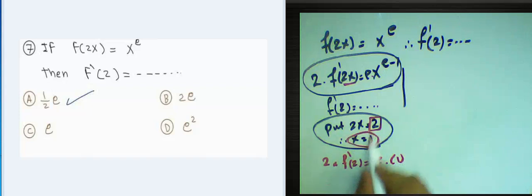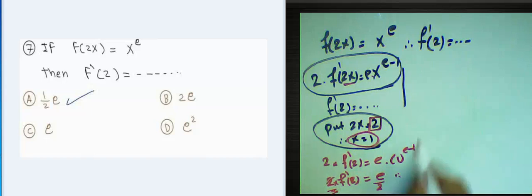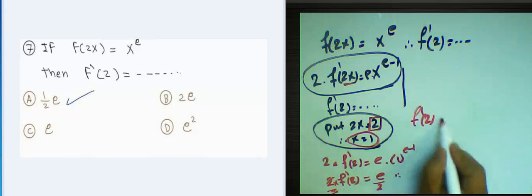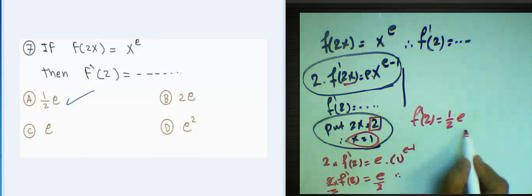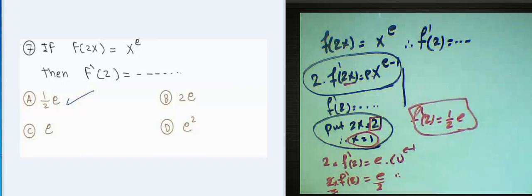Put x equal 1 here, 1 power e minus 1 equal 1, then the result will be e, so f dash of 2 multiplied by 2 equals e. So the result will be e divided by 2, cancel the coefficient here, then f dash of 2 will be half of e. This is the result. Choose letter E.